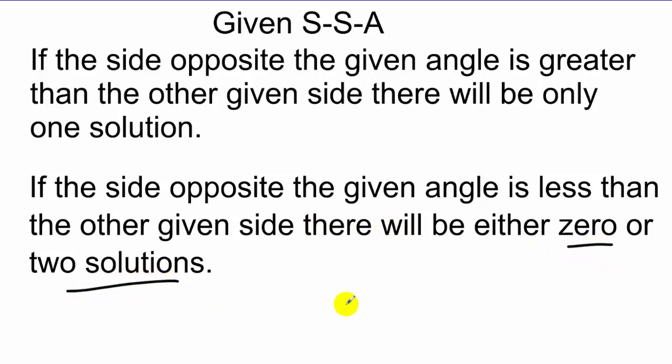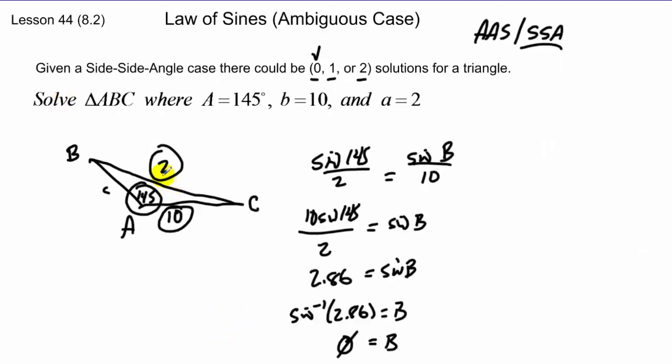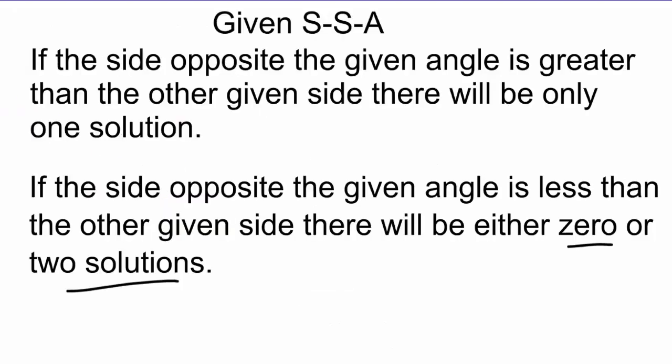Not 1, but 0 or 2. So in this last problem we had, let's take a peek. We were given a side and an angle, and the side opposite the given angle was less than the other side given, because 2 is less than 10. And we had 0 solutions. So that fits this last premise right here.